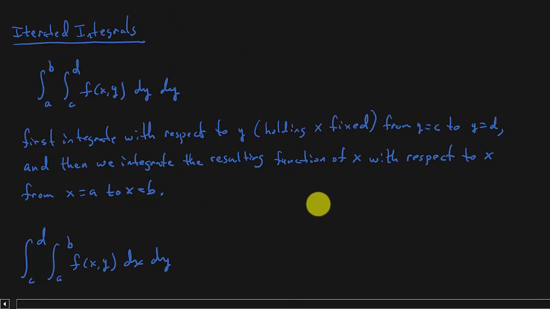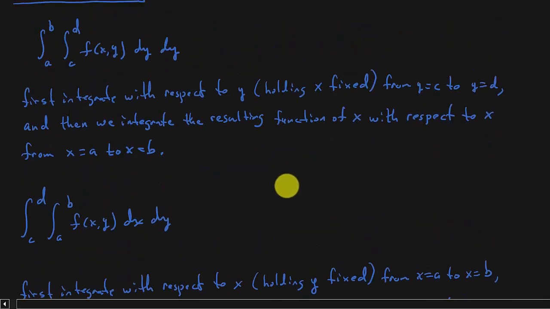All right, so let's look at this. Iterated integrals. So we've got the double integral a to b, c to d of f of x y, dy dx. All right, so what do we do here? Well, first we integrate with respect to y. So we got the dy right here, holding x fixed from y equals c to y equals d. And then we integrate the resulting function of x with respect to x from x equals a to x equals b.